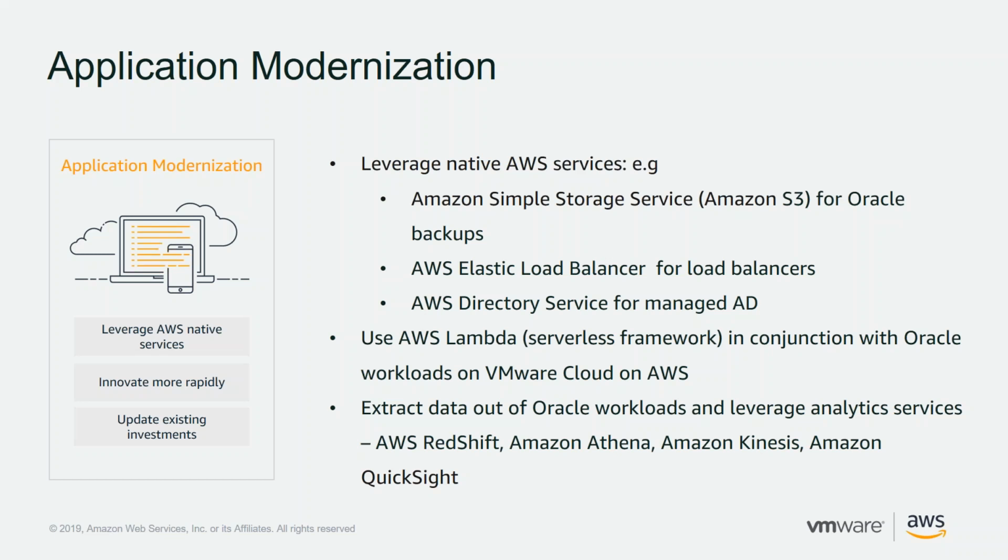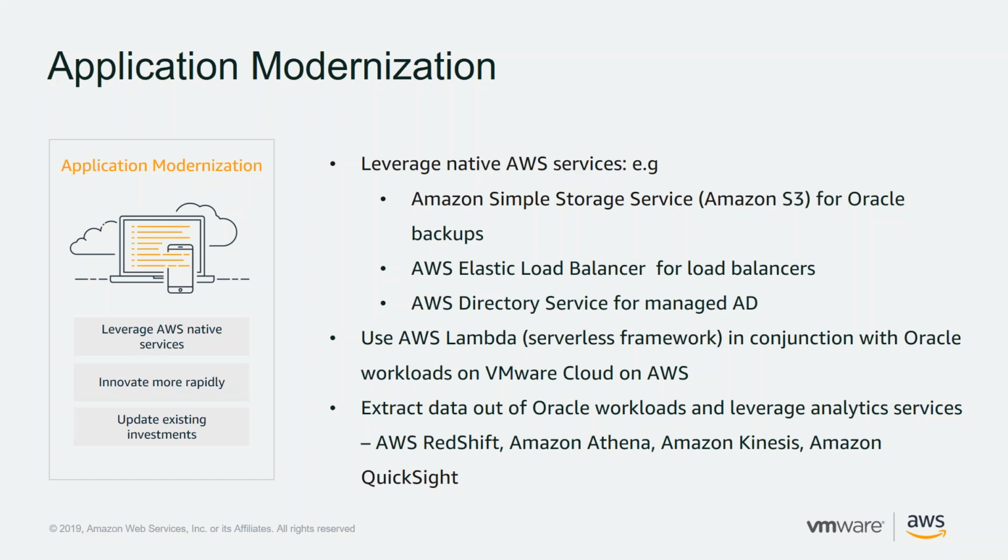Customers running multiple web application servers can use AWS Elastic Load Balancers as well to load balance their web traffic, and also AWS Directory Service for managed AD services. Customers choosing to use a serverless framework can use AWS Lambda in conjunction with Oracle workloads running on VMware Cloud on AWS.